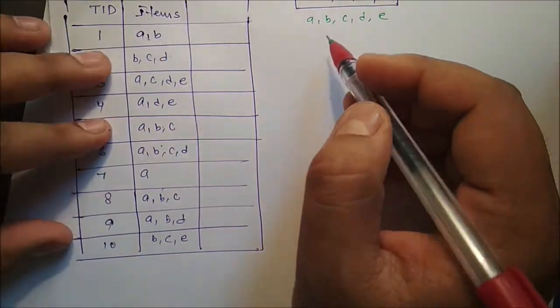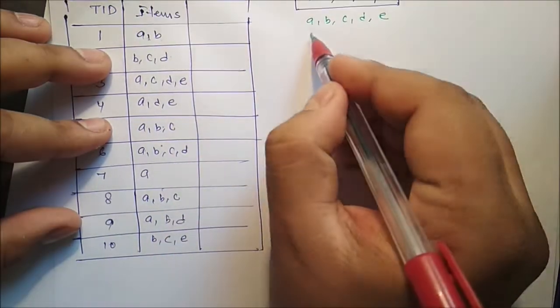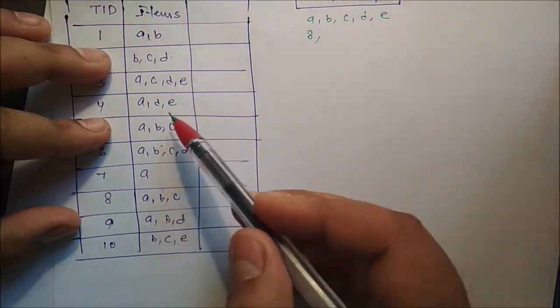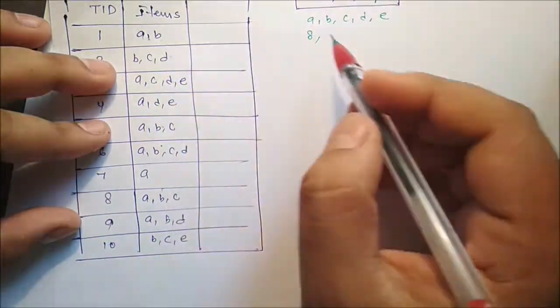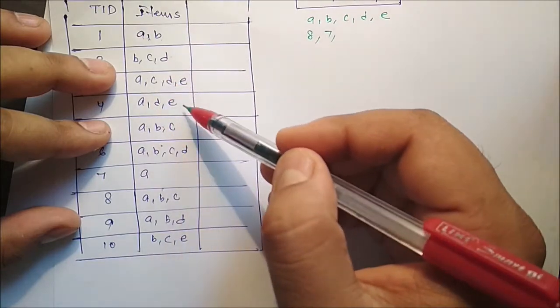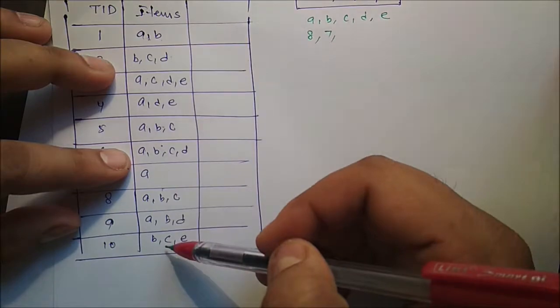So A how many times? It is 1, 2, 3, 4, 5, 6, 7, 8. Okay. B how many times? 1, 2, 3, 4, 5, 6, 7. Okay. C how many times? It is 1, 2, 3, 4, 5, 6.